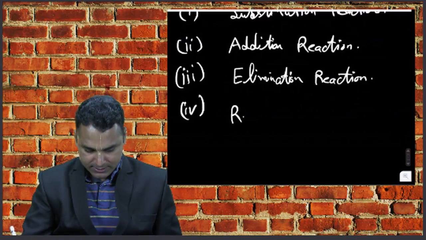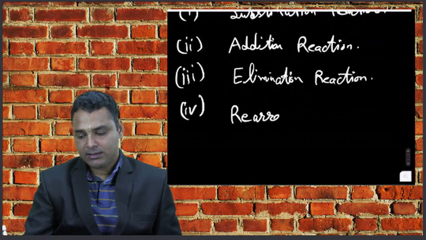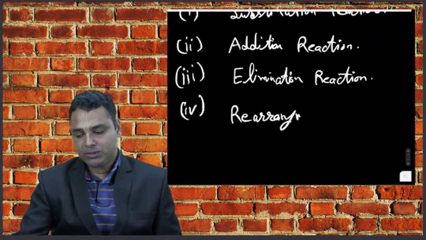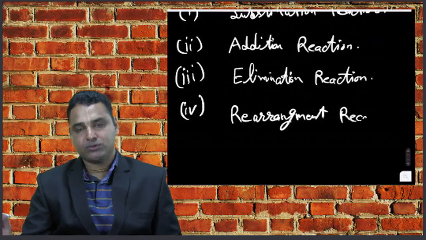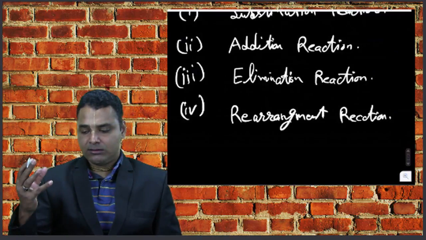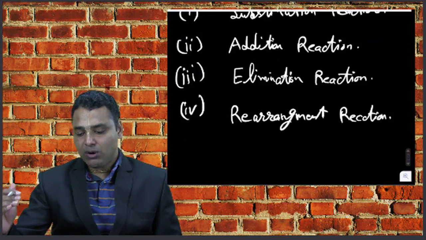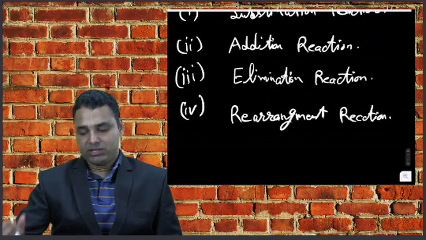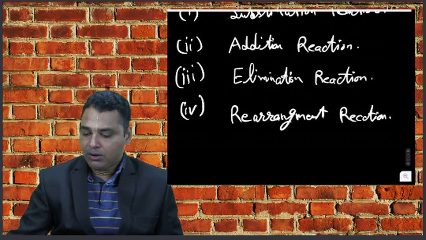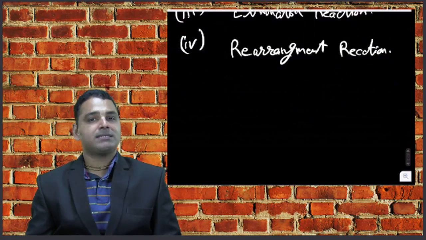As the name suggests, rearrangement means the groups or atoms will rearrange their position. Many other products can be formed with all these four kinds of reactions, but we will see that in our further classes.